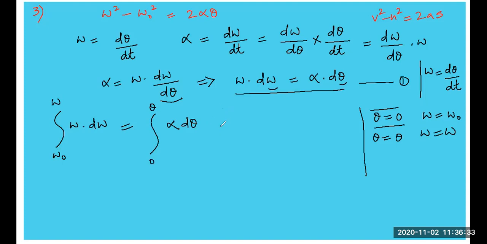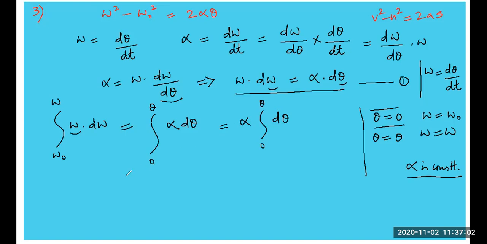Am I right, students? So now see, angular velocity is not constant. What is constant? Angular acceleration is constant. So alpha can be taken out, but omega cannot be taken out. Very good. So this is equal to alpha into integral 0 to theta d theta.